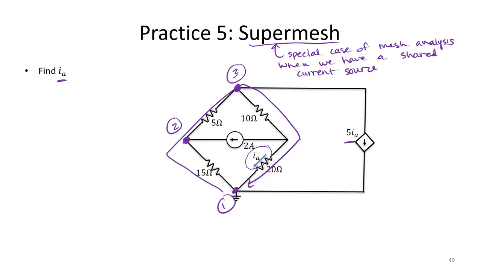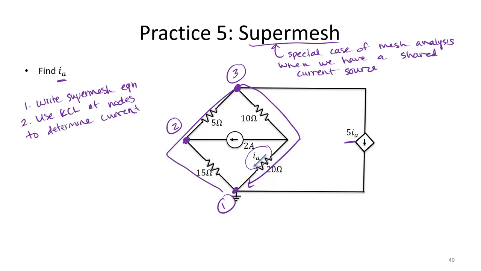So one strategy is to write a supermesh equation and then use Kirchhoff's current law at our nodes to determine the current through each resistor in terms of IA.